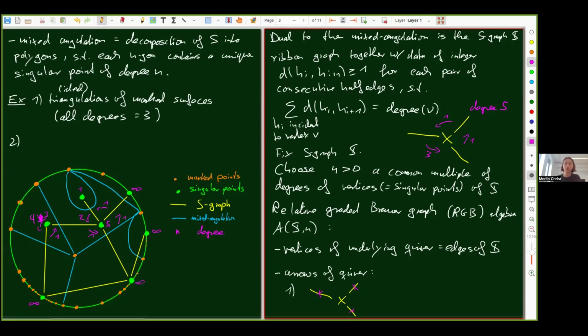The nodes of the quiver are in magenta, and then you have an arrow like this, a. So if this is h_i and this is h_{i+1}, you have an arrow a_i, and the degree of a_i is equal to the distance of h_i and h_{i+1}. So it's indeed grading information. And we're in the cohomological grading convention here, so it's in positive degrees, so it's non-connective. Right, so that's the first type of arrows. Whenever you have two consecutive half edges, you get an arrow.